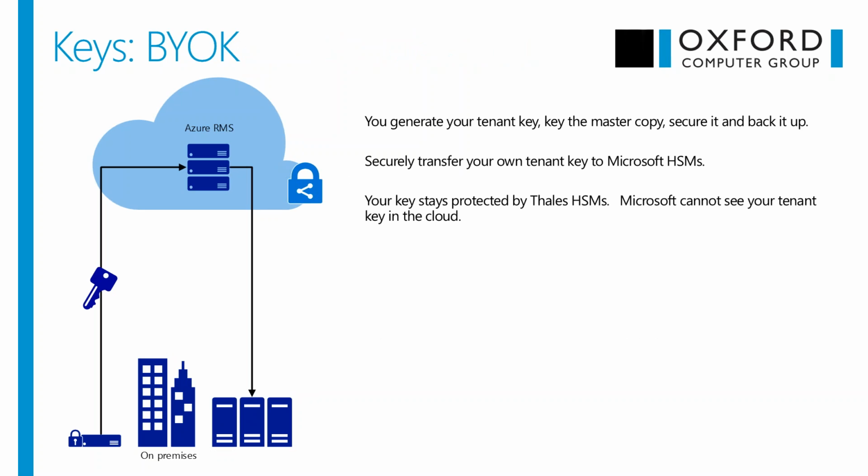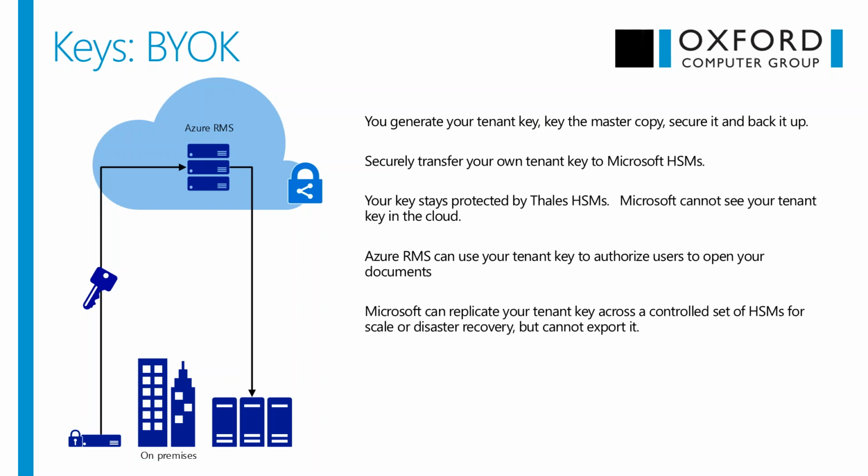So your key stays protected by Thales HSMs. Microsoft can't see your tenant key in the cloud. And Azure RMS can use your tenant key to authorize users to open your documents. And Microsoft actually replicates that tenant key across a controlled set of HSMs for scale or disaster recovery, but can't export it. And Azure RMS, just like before, also provides all the logging information to show how your key was used.